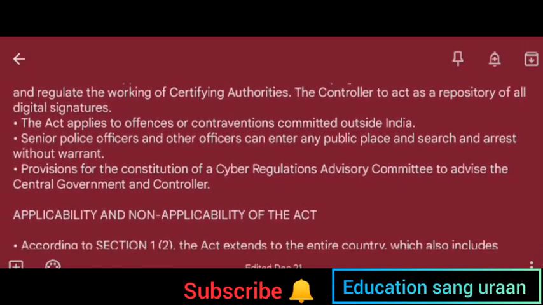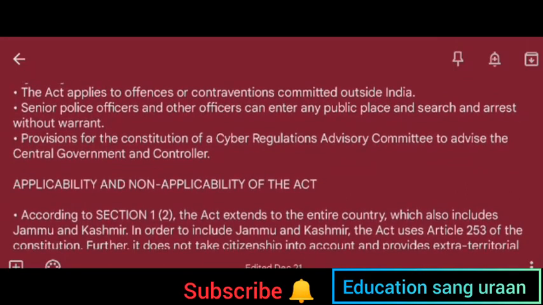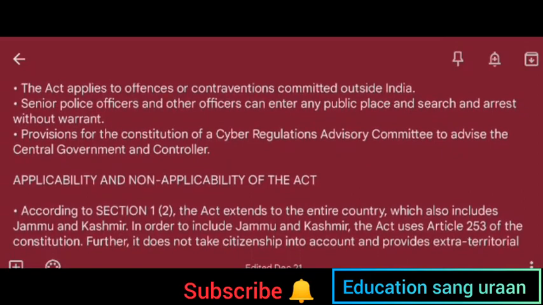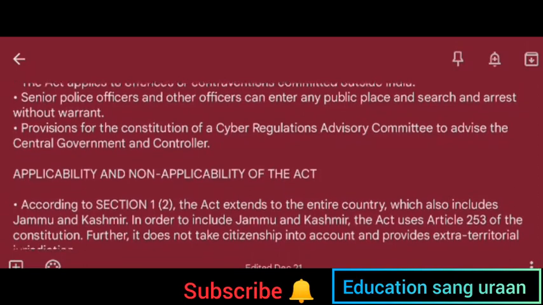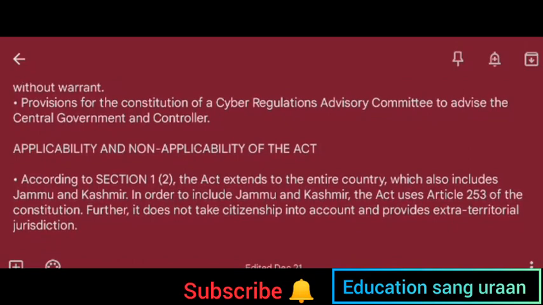The Act applies to offences or contraventions committed outside India. Senior police officers and other officers can enter any public place and search and arrest without warrant. Provision for constitution of a Cyber Regulations Advisory Committee to advise the central government and Controller.